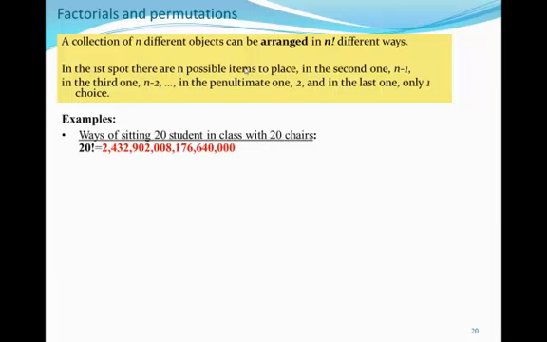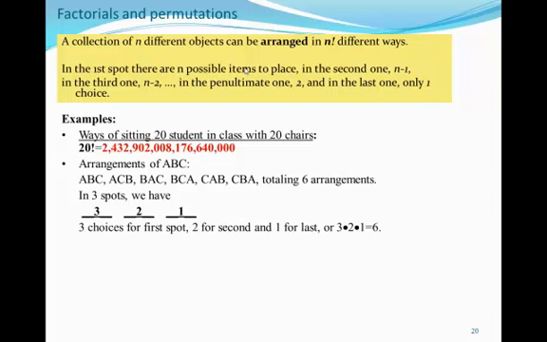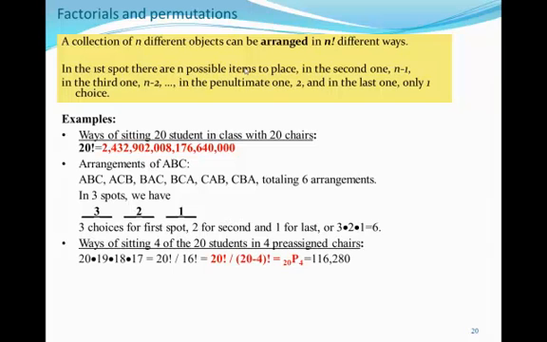So the ways of seating 20 students in a class of 20 chairs will be 20 factorial, which is a huge number. Arrangement of 3 letters A, B, C: we have 3 choices for the first spot, 2 choices for the second, and 1 choice for the last. 3 times 2 times 1 is 6.